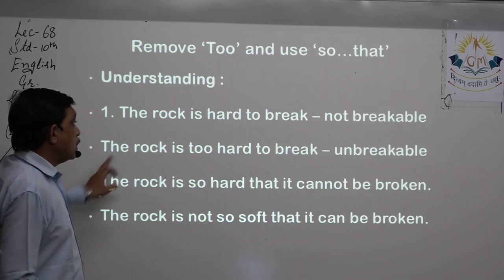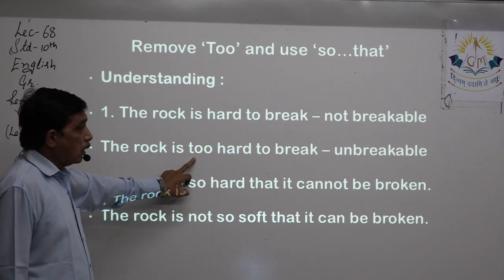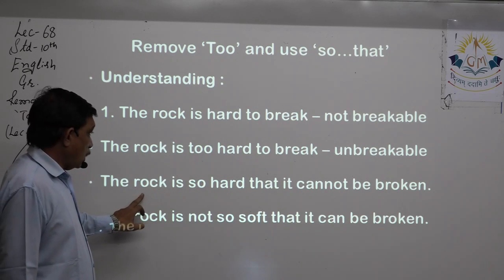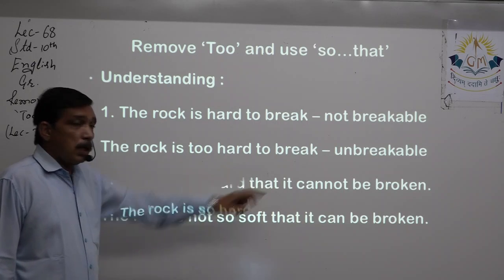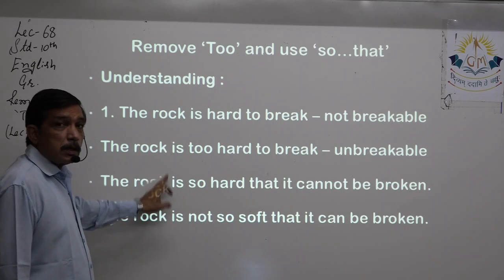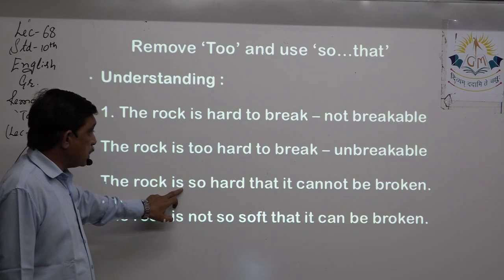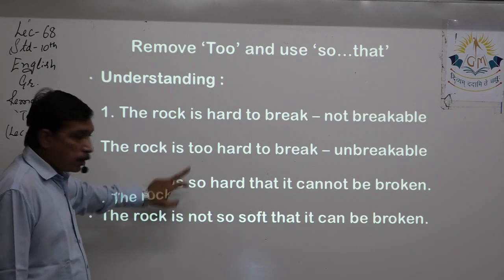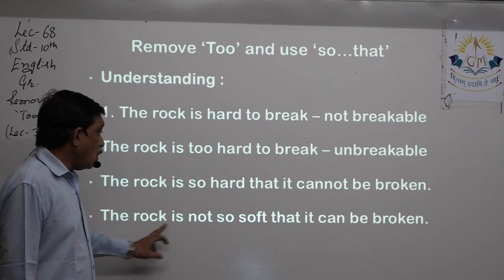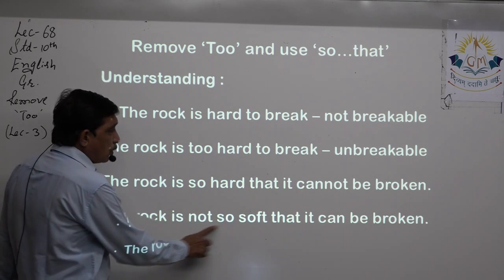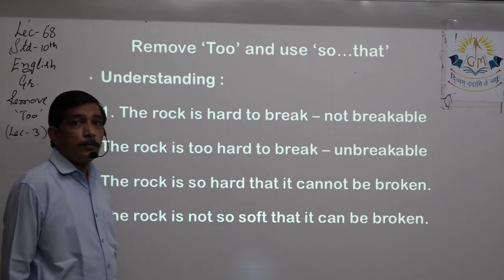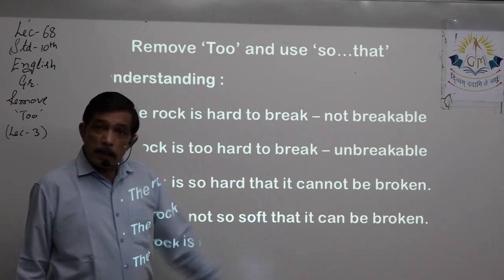But in all this, to is used without negation, right? Here, so that is used without negation. That means these 2 sentences are the same. This sentence is a transformation of this, and vice versa. Here also, the rock is not so soft. Not so soft means hard, and it can be broken.